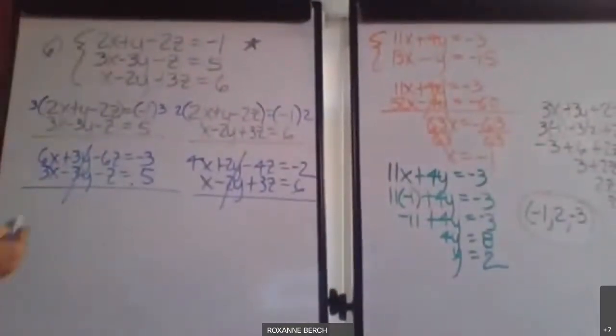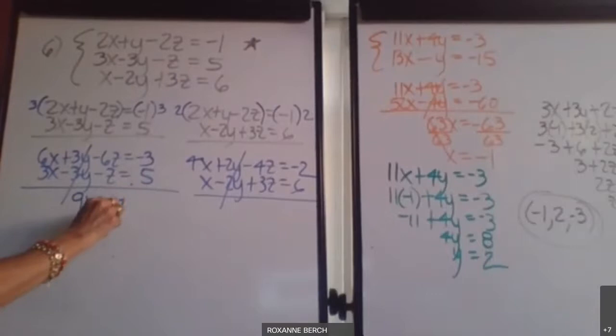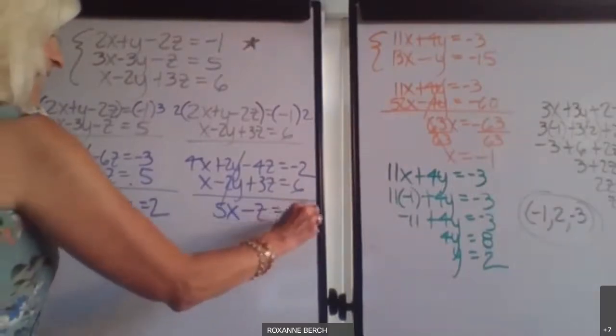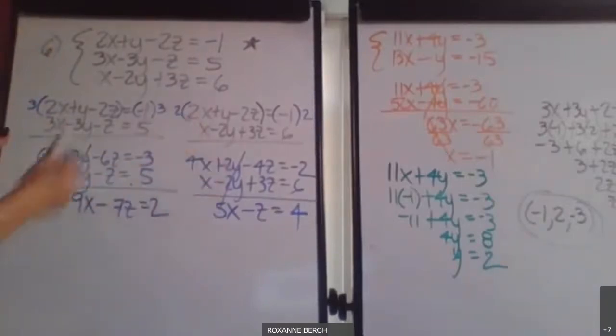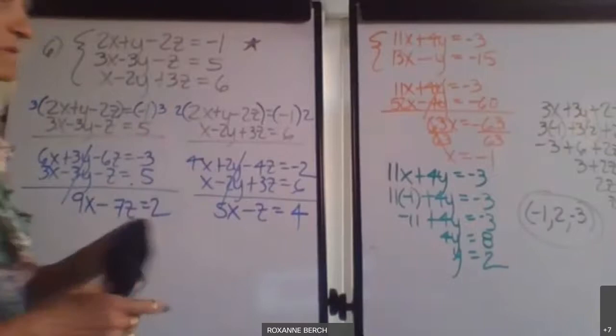Yes. So what you get is 9x minus 7z equals 2 and 5x minus z equals 4, and that's your system of equations in 2 variables.